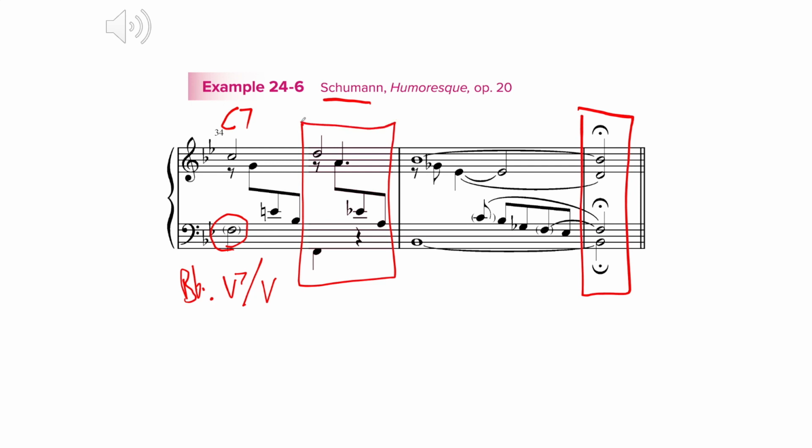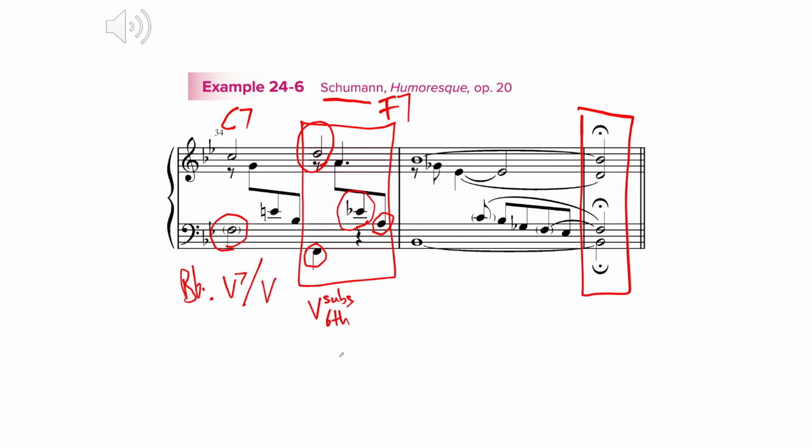If you take a look at this chord, we will see F, A, E flat. It looks like an F dominant 7th, but instead of C, we hear a D. That makes the chord V7 with a substituted sixth.